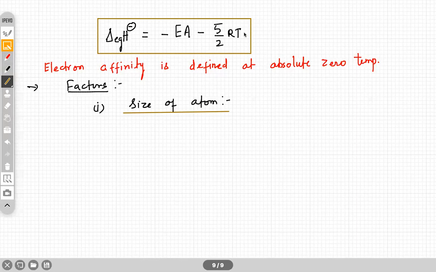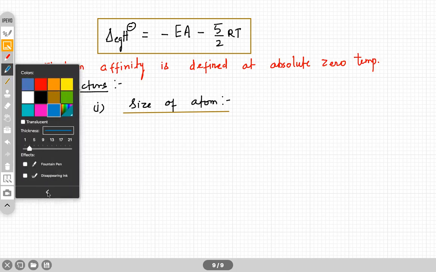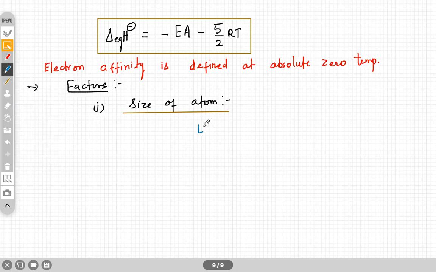R is the gas constant, T is the temperature. PV is equal to nRT. Write down quickly this, taking a lot of time. Whether you talk about electron affinity or electron gain enthalpy, it is inversely proportional to the size, because if the size is more, addition of an electron will be difficult. Inversely proportional. In general, we have some exceptions, we'll see that.